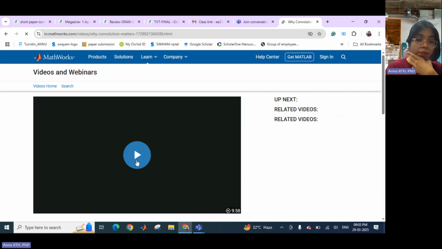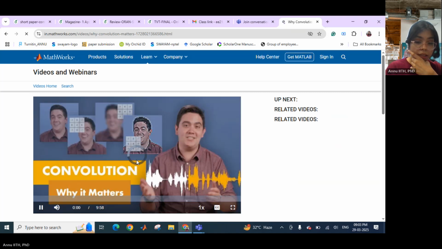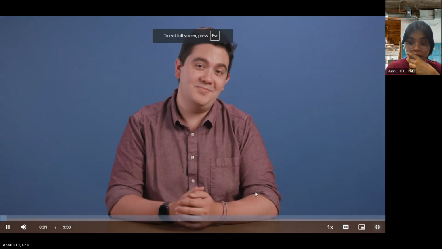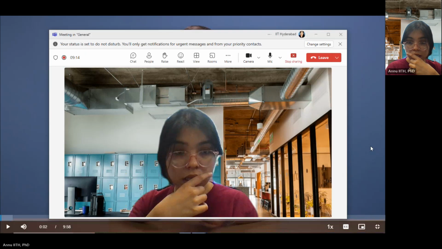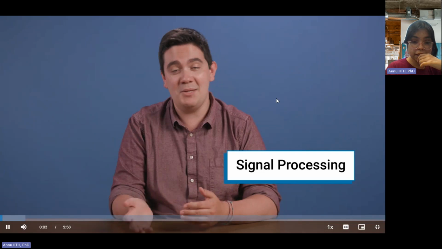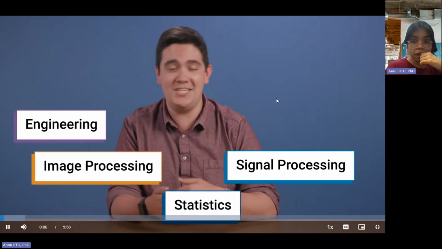So we have why convolution matters. It is important for signal processing, image processing, statistics, engineering, physics, the list goes on.